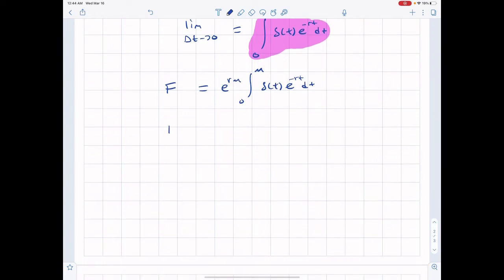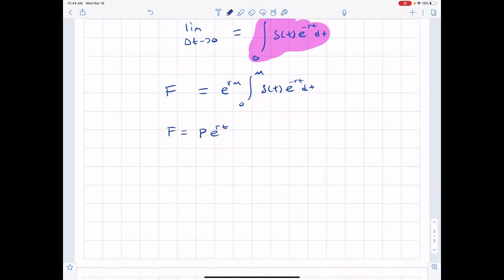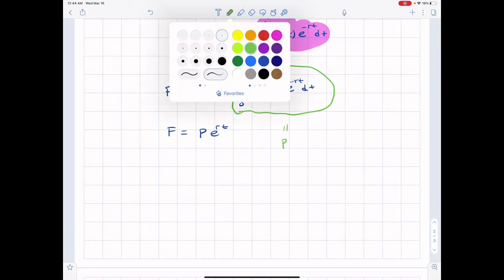But we have this equation, f is equal to p times e to the rt. So the present value of this thing is going to be this. That's the present value of the investment.